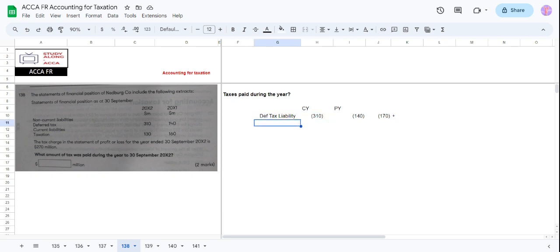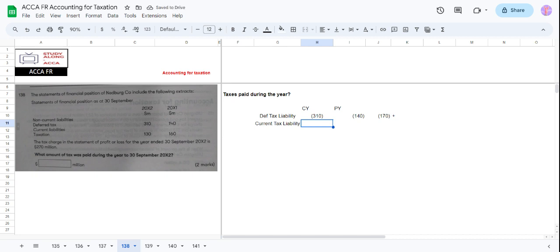Now we have 310. Then in the current liabilities there is income taxes, the current tax liability.